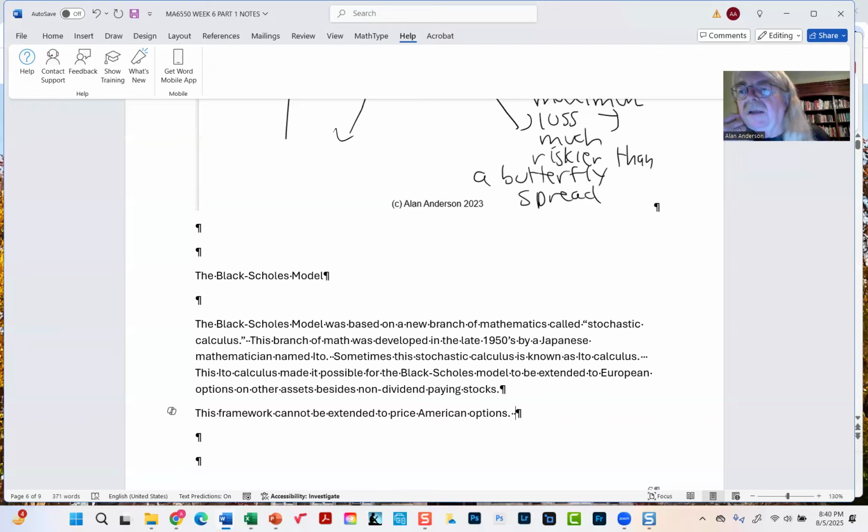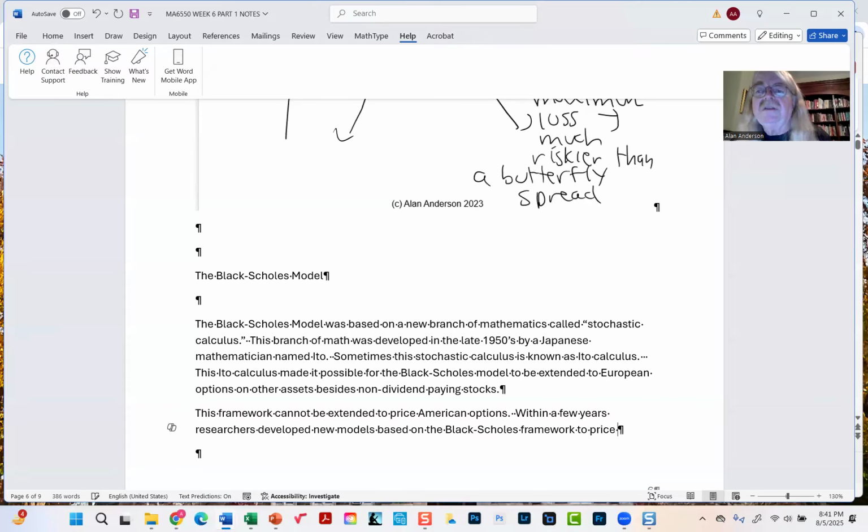But as you can probably guess, within a few years researchers, which we will see in the next chapter, developed new models based on the Black-Scholes framework to price American options, but it's a very complicated process.